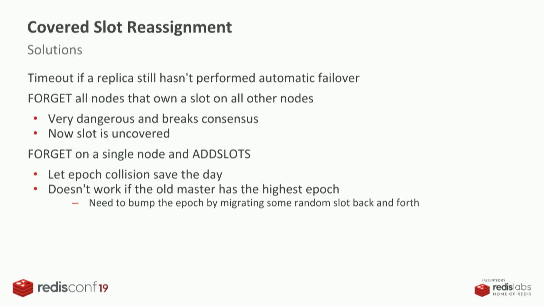And the hope is that the epoch will save the day. So if you have one node that knows about the failed node and thinks it owns 6,000, and then another node that claims it owns 6,000, but doesn't know about the previous one, you're hoping that the epoch collision will save the day and swoop in, and it will now cover the cluster, although you will lose all data. There's no way to avoid losing data.